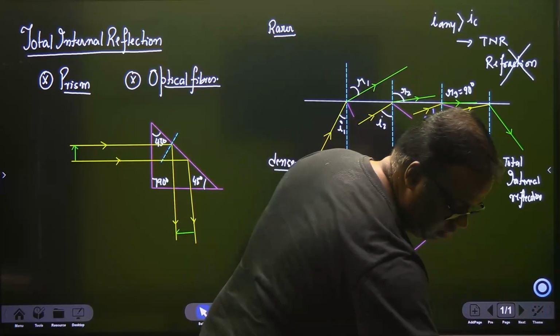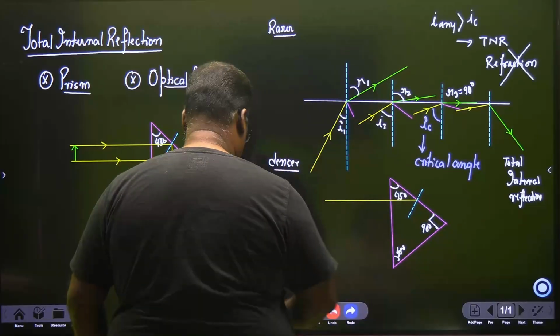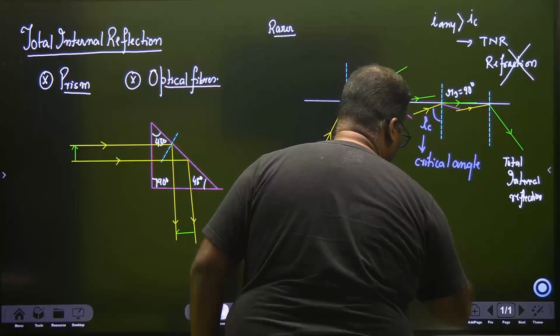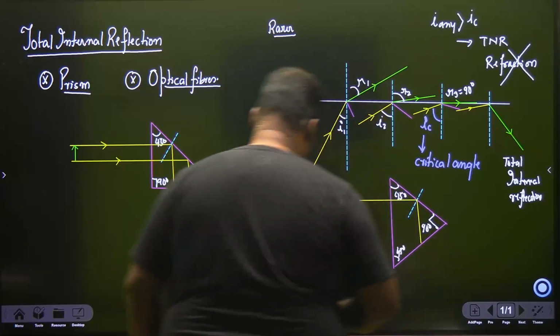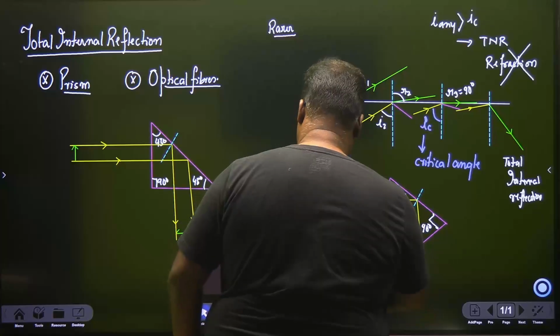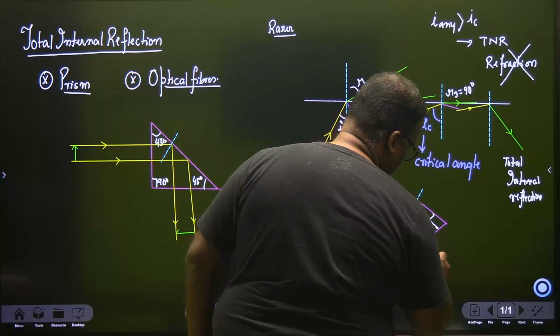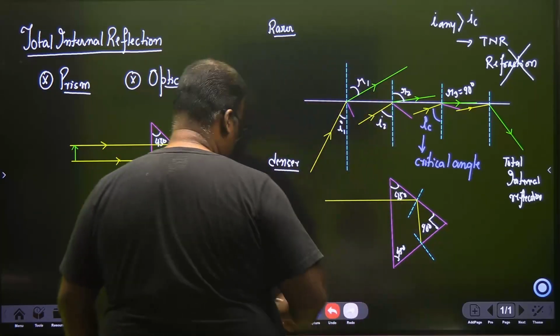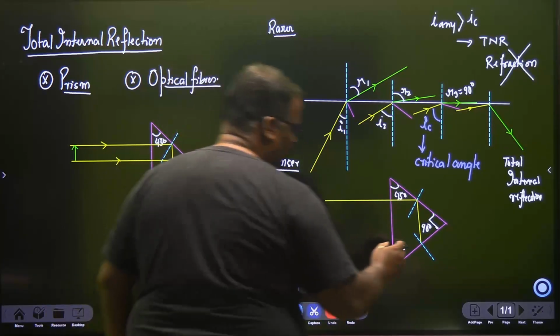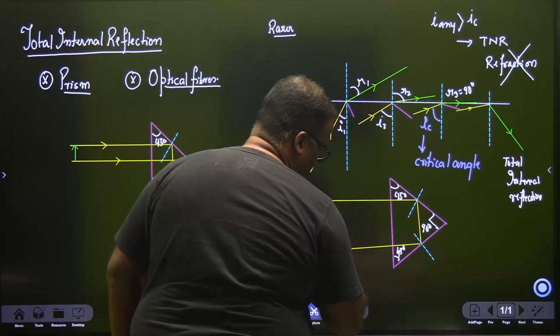Then we'll have another normal out here, and your ray of light will come back like this.